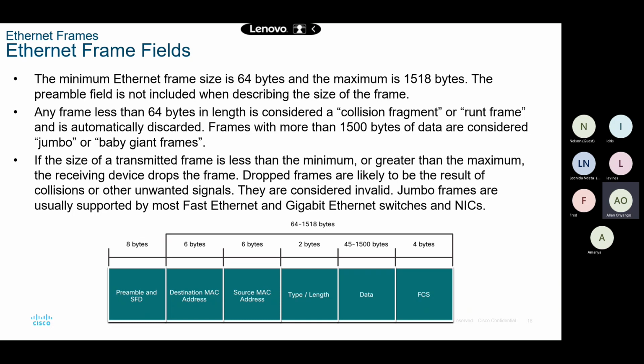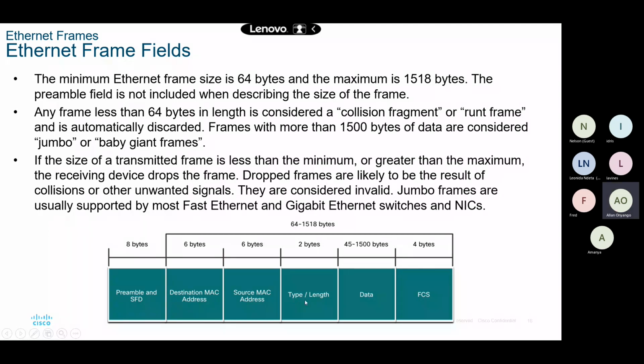So I was just saying, look at the bottom here. We have some of those fields that we're able to see. Of course, instead of having start of frame and end of frame, we have something called the SFD, start of frame delimiter, and the preamble. Basically, these ones tell us the beginning and the end of the frame. Instead of having addressing, we have this destination MAC address and a source MAC address here.